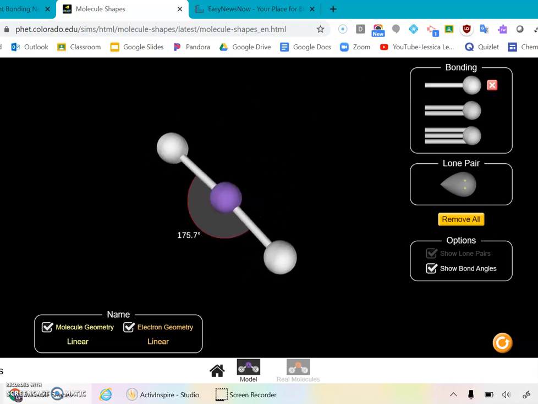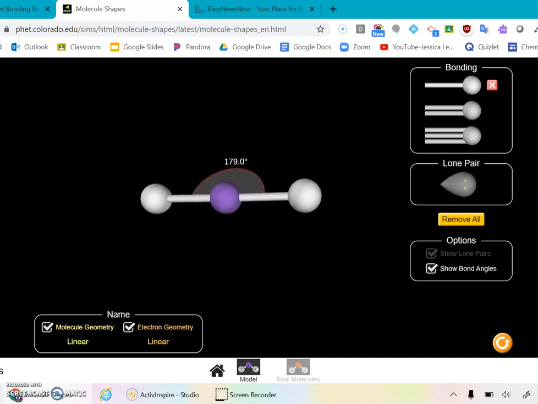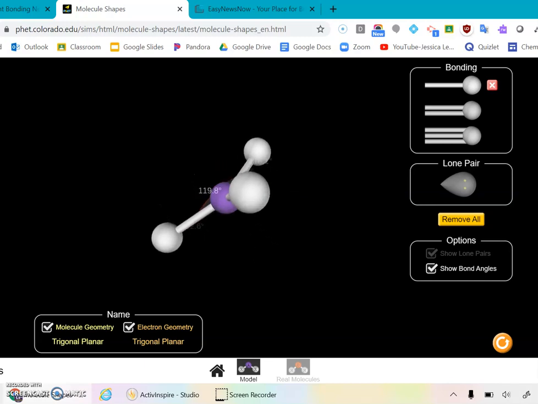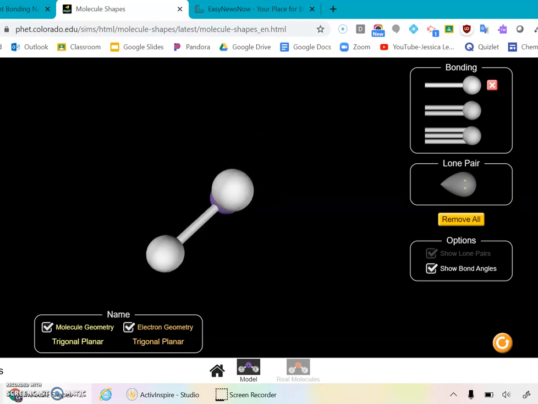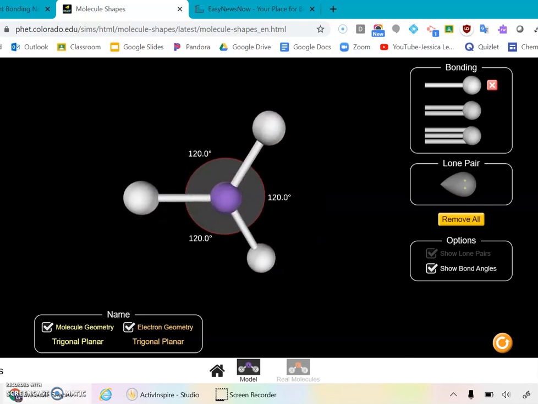But if we add another, no matter how hard I try to push them together, these two things repel one another and give you that bond angle of 180 degrees. There's no lone pairs around it, so it's going to maintain that 180 degrees. If I have a steric number of three things around the central atom, notice these are all in the same plane, and they have that bond angle of 120 degrees.